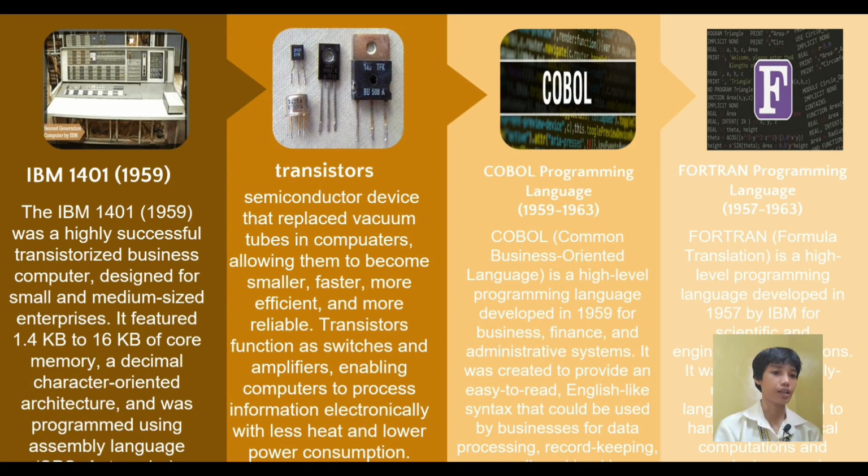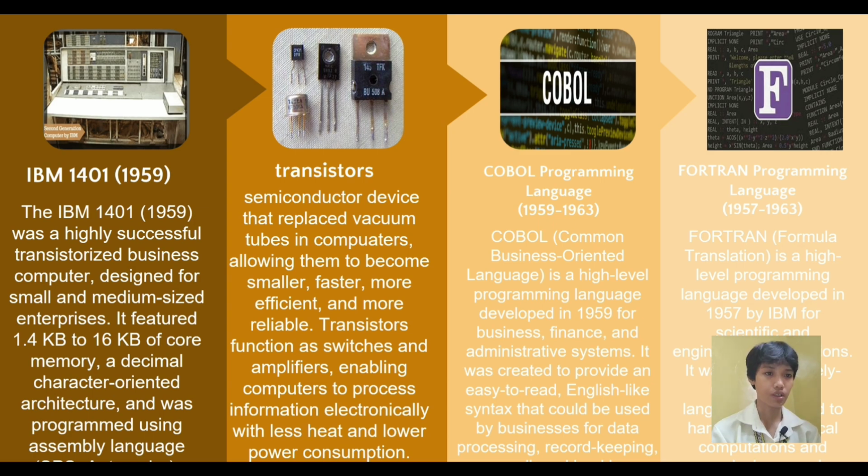So here we can see that IBM 1401 was invented in 1959. It was a highly successful transistorized business computer designed for small and medium-sized enterprises. It featured 1.4 kilobytes to 16 kilobytes of core memory, a decimal character-oriented architecture, and was programmed using assembly language, or SPS, and autocoder.